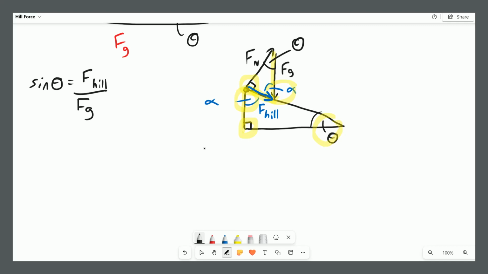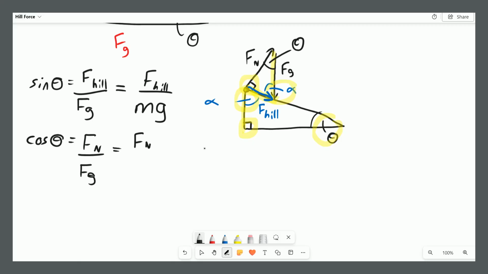As for the cosine of theta, that's the adjacent side to theta, so that's the normal force, again divided by the hypotenuse, which is our force of gravity. Now we can put in what these are actually equal to. The force of gravity is the mass of the object multiplied by gravitational acceleration, and we can put that in the bottom equation here.